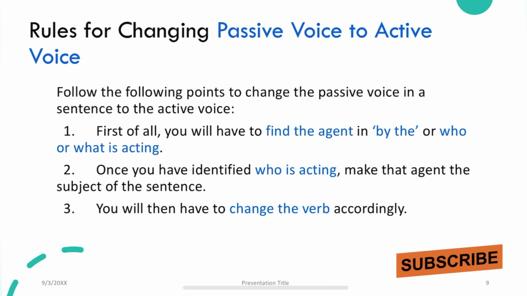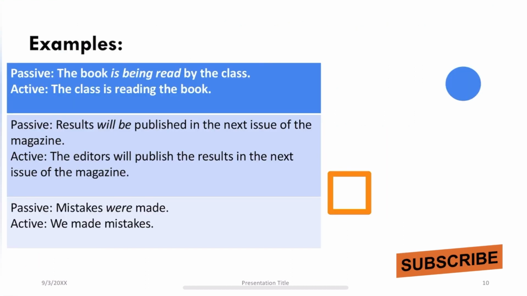The third rule is that you will then have to change the verb accordingly, like we have done in the active to passive one. For instance, there is a sentence given in the passive voice: the book is being read by the class.